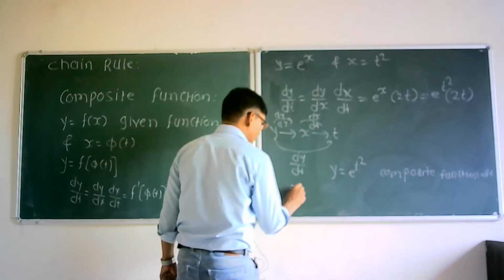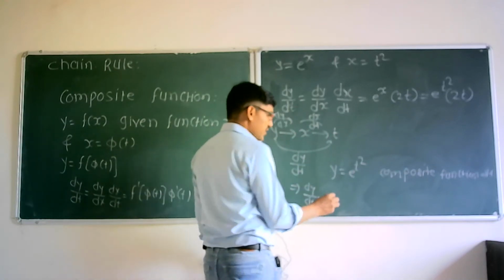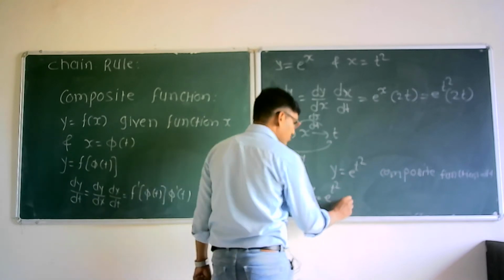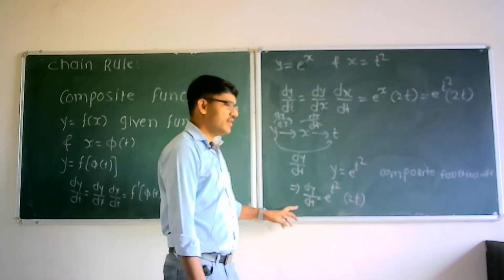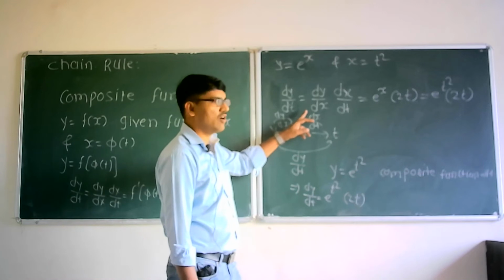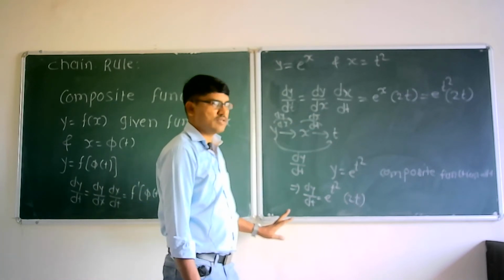Then dy by dt is equal to the derivative of e raised to t square, which is e raised to t square, and again the derivative of t square is 2t. So here we verified directly by finding the composite function, and there we applied the chain rule. In both cases we get the same answer.